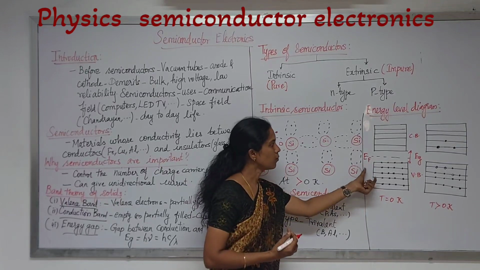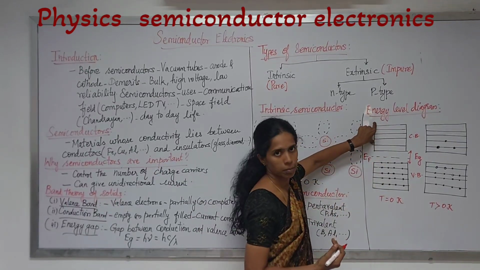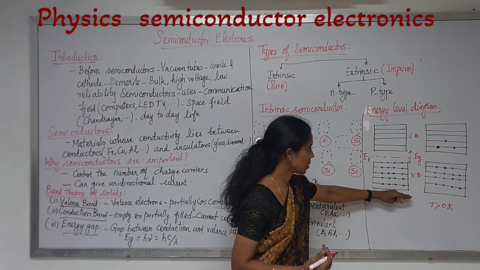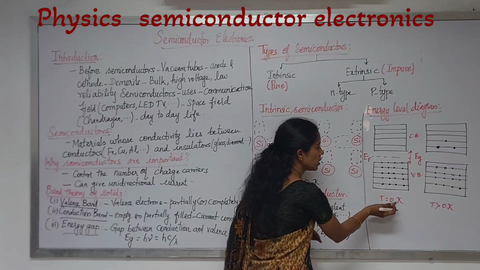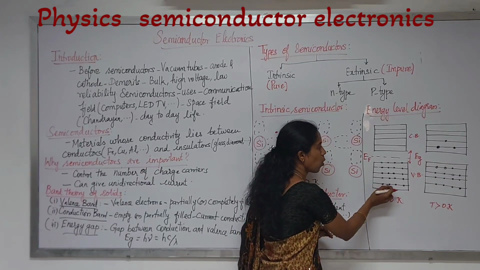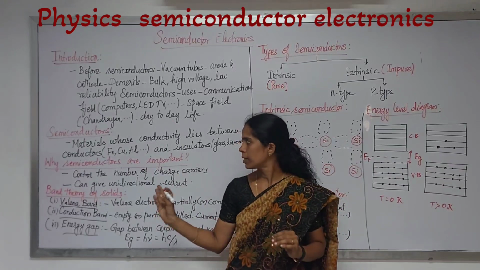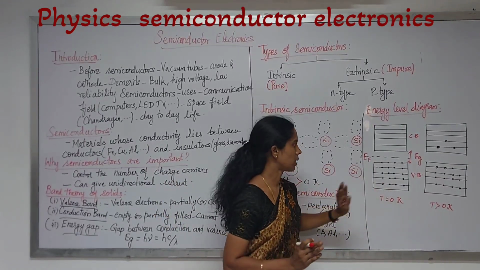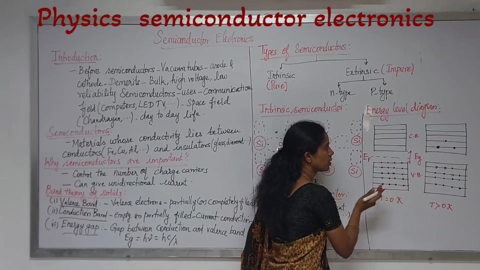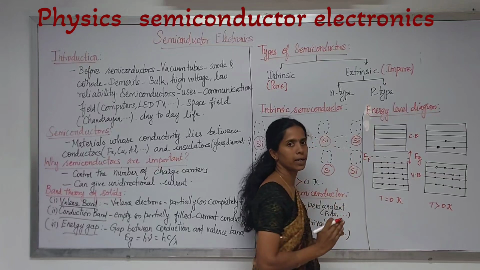With a clear concept, we can now explain this in the energy band diagram. We already discussed this is the valence band and this is the conduction band. The lowest band is called the valence band and the higher band is called the conduction band. At 0 Kelvin, all the electrons are filled in the valence band, which is completely filled with electrons, and there are no electrons in the conduction band.